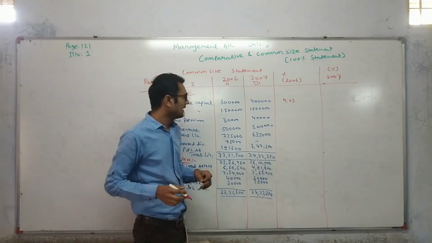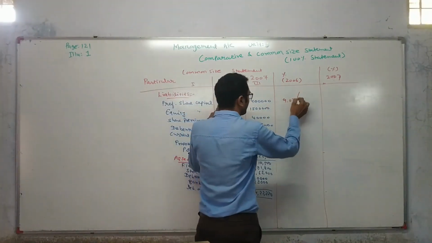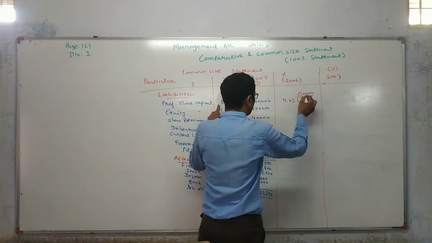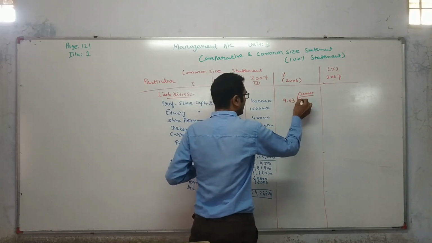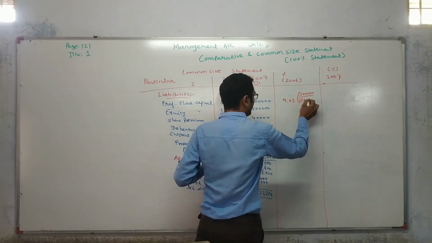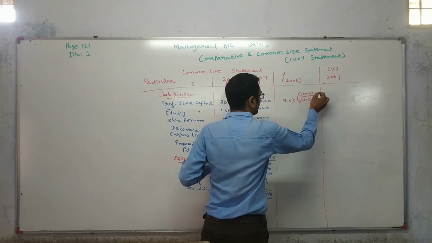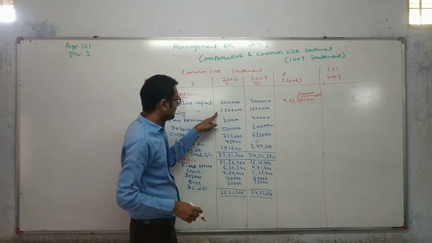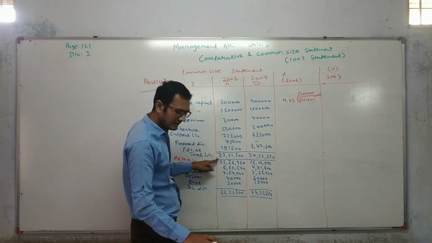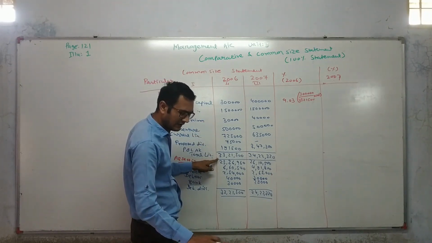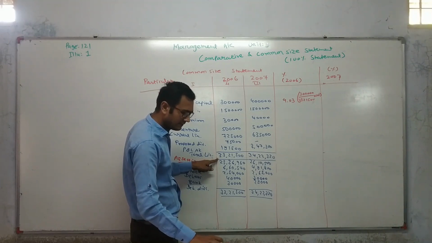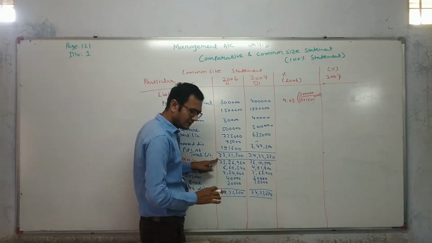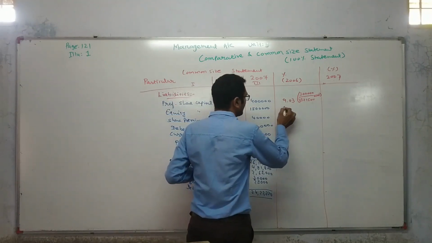As it is the first calculation, I just mentioned the working of 3 lakh divided by 33,21,500 into 100. Now 15 lakh divided by 33,21,500 into 100. So it is 45.16%.